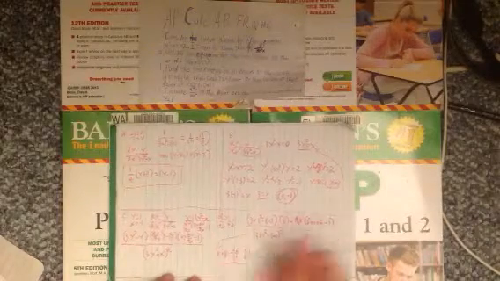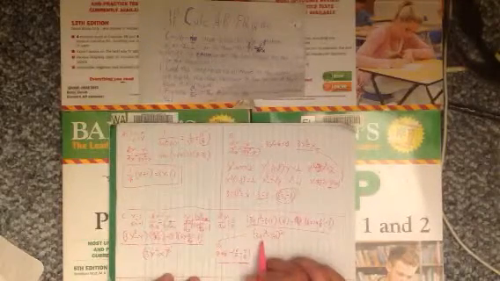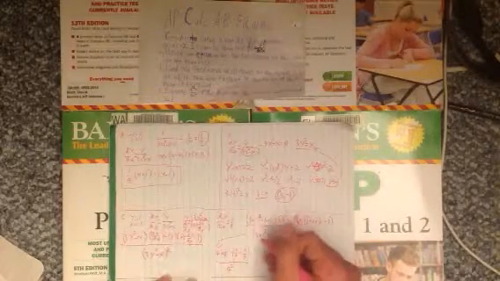All over, because that's 3 plus 1, 4, squared. So that equals 1 minus 1/2, because 2/4 is 1/2, over 4 squared.